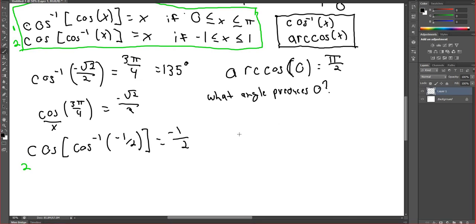And then looking at the other option, if I have cosine inverse on the outside, I'm now using my property number 1. The question is, does 7 pi over 4 fall between 0 and pi?